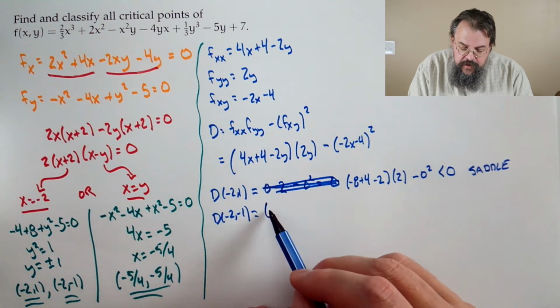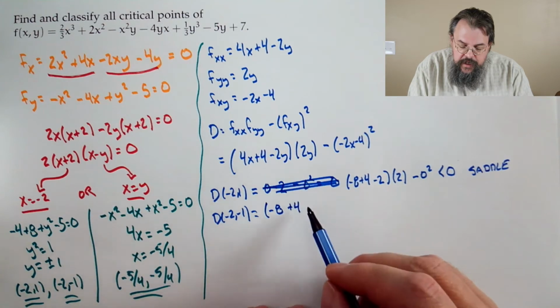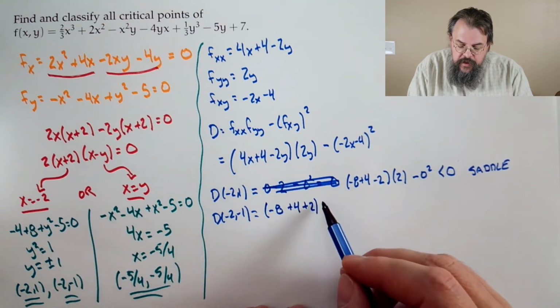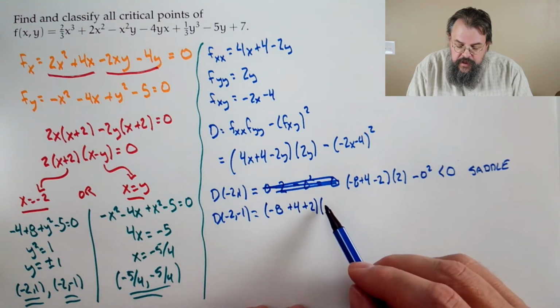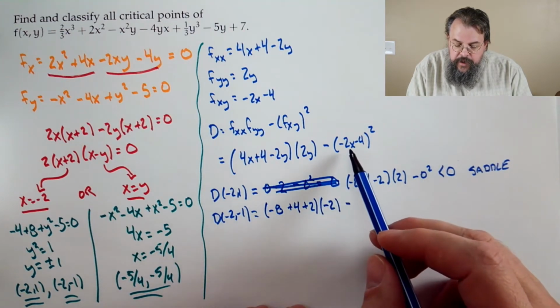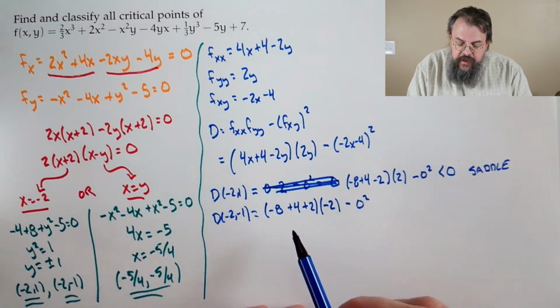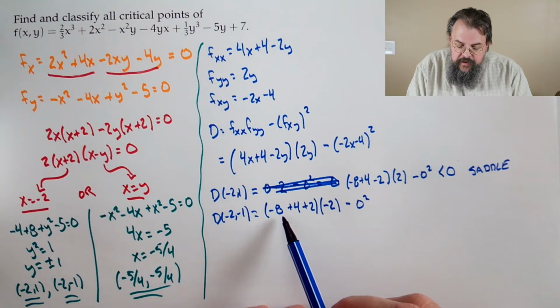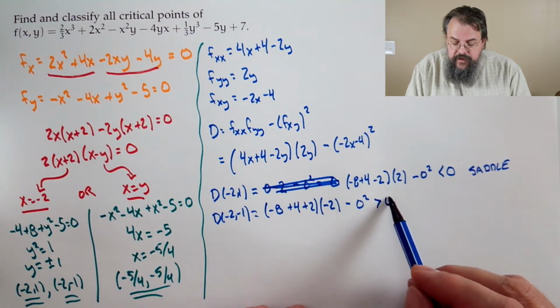How about minus 2, minus 1? Well, that's minus 8 and plus 4 and then plus 2. And now we're going to multiply it by 2 times minus 1. That's minus 2. And then subtract. Well, minus 2 times minus 2 is 4, minus 4 is 0. So we have minus 8 plus 4 plus 2 is minus 2, times minus 2. It's positive.